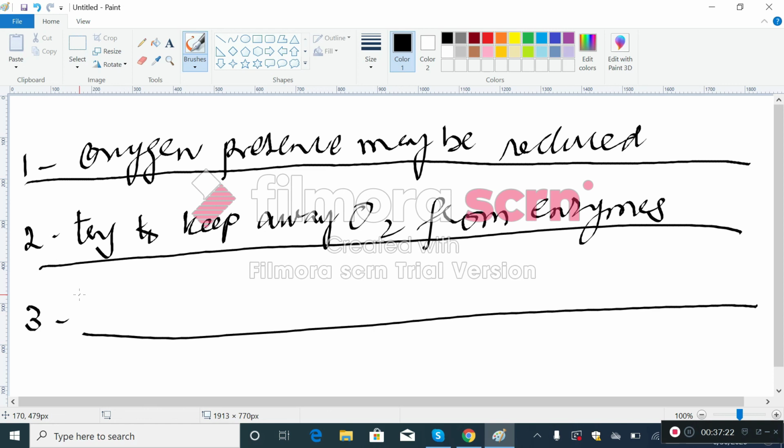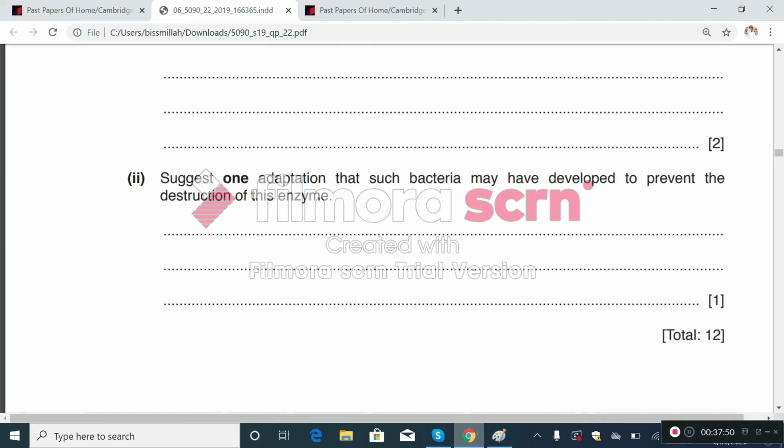And we may use mutated enzymes, or mutation can change these enzymes. So mutation is another option which we may write in this answer. So these are the 3 suggestions or possibilities which we can write in this answer.